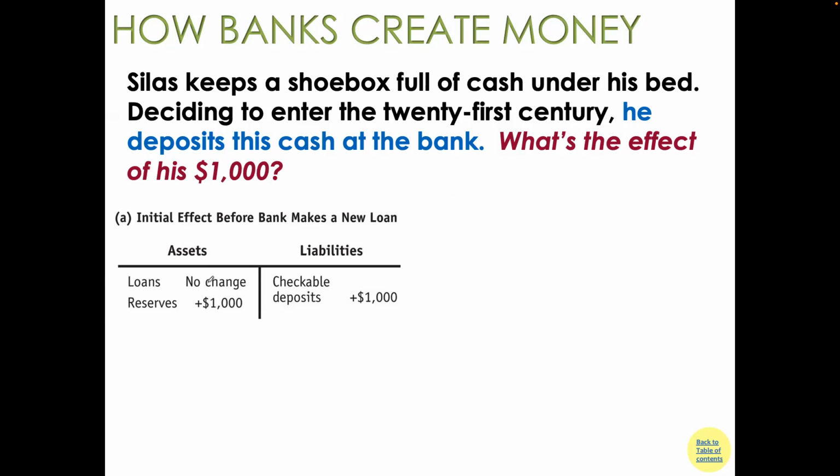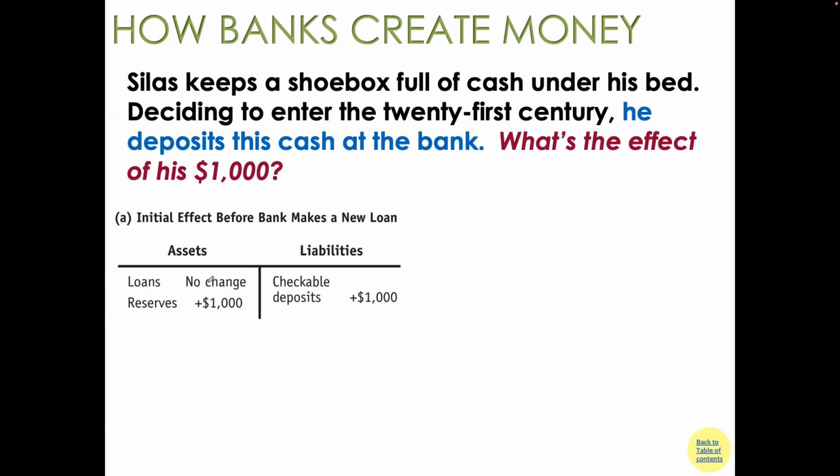Think about M1. What does M1 include? Cash in circulation. What else? Checkable deposit. So before Silas walked into the bank, what was the total money supply? 1,000. The bank has nothing, Silas has all the cash, 1,000.